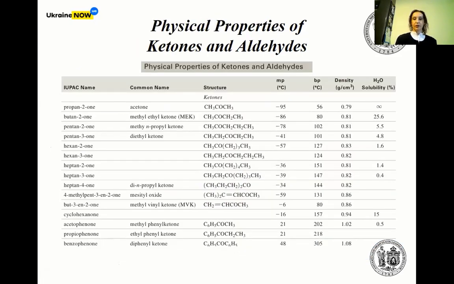Here is the table with physical properties of aldehydes and ketones. First of all, we have aldehydes, the first member. You can see that the boiling point is 56 degrees. And which compounds are liquid? We can see here which have a melting point higher than room temperature.